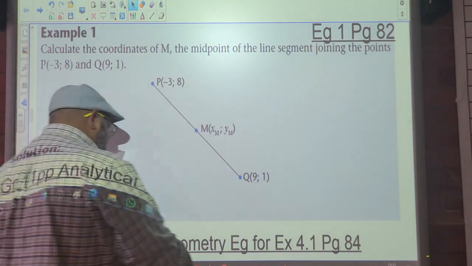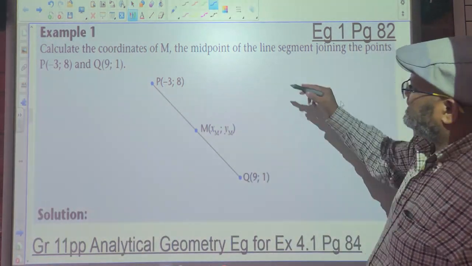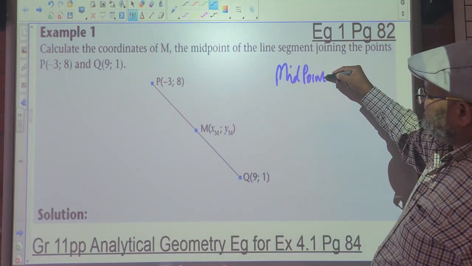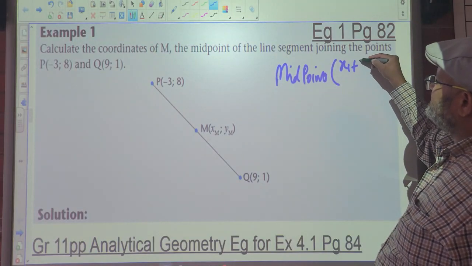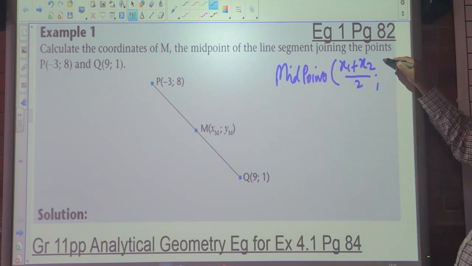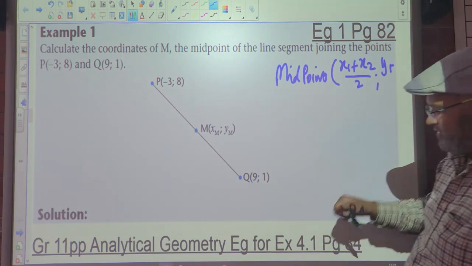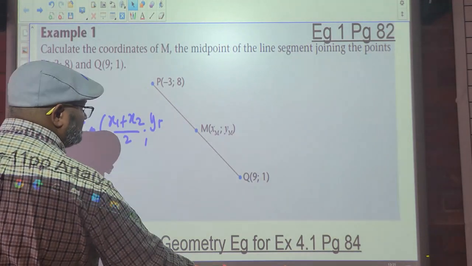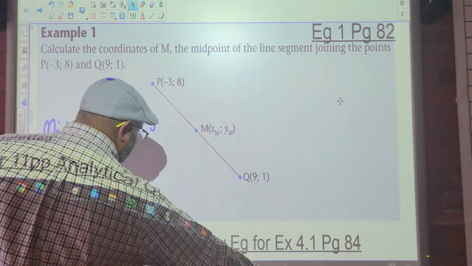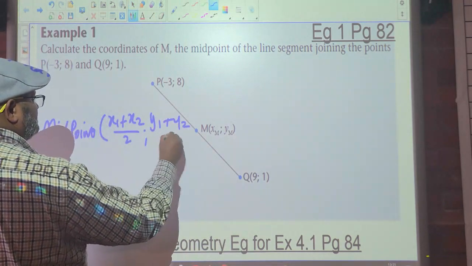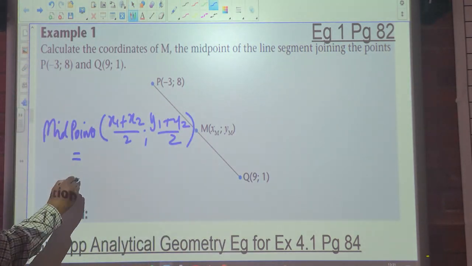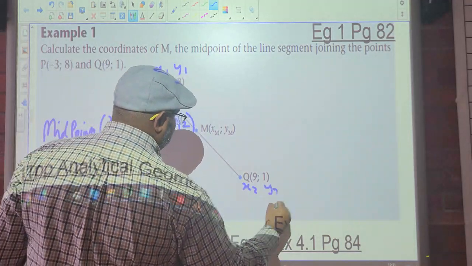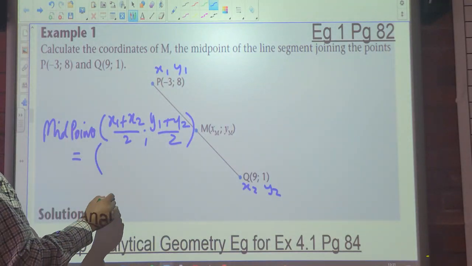People, if this is the midpoint, what's the formula we use? The midpoint is going to be x1 plus x2 over 2 and y1 plus y2 over 2. Not so? If that's x1, y1, this will be x2, y2. So what do I get here?